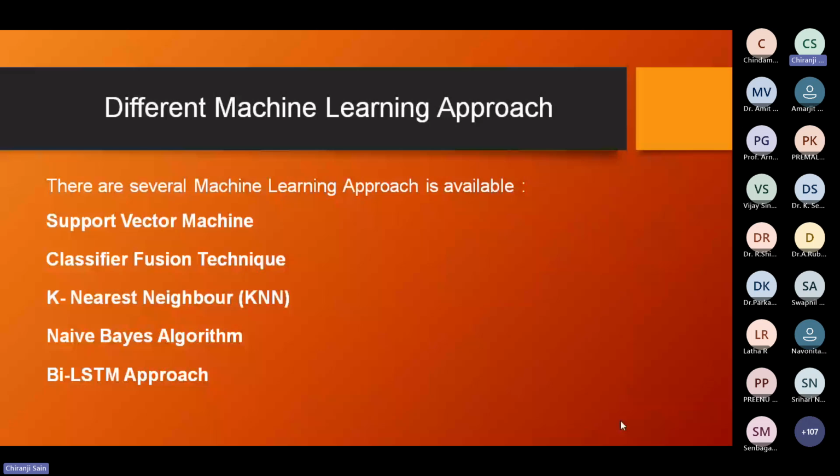And in this particular context, the classification of the machine learning approaches, as per my knowledge, could be summarized as the support vector machine, that is, the SVM, the classifier fusion technique, k-nearest neighbor, naive Bayes algorithm, and later on the bi-LSTM approach.